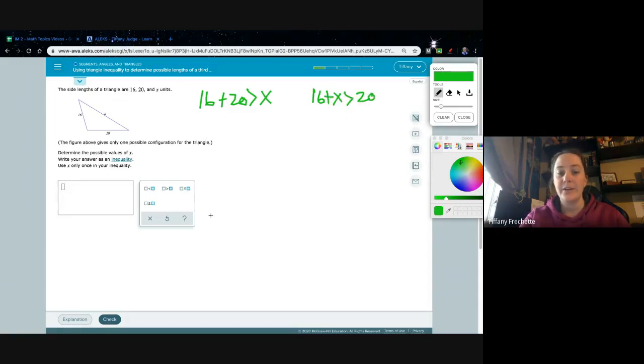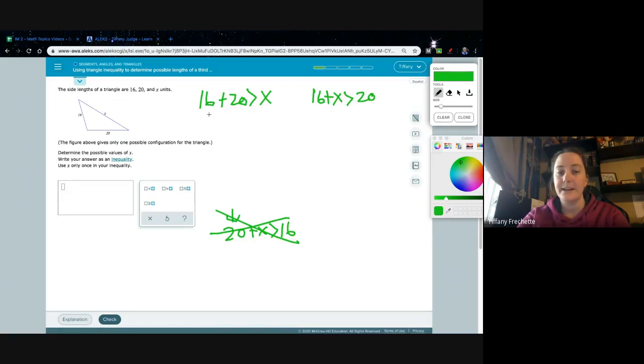Now remember that third one, which I'll just write down here. We'd have 20 plus x is greater than 16. I know right away this is bigger than 16, so when I subtract, that's going to give me a negative. So I'm going to ignore it. Because like they said on that first one, we don't really learn anything from this one because it doesn't make any sense. Can't have that negative length.